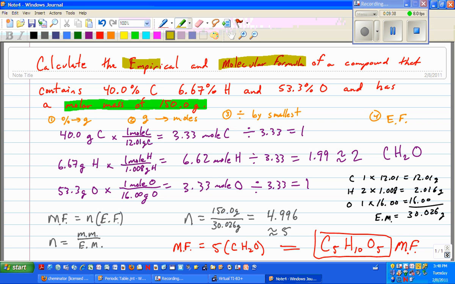And we were asked to calculate the empirical formula, so let me identify that also. The empirical formula is up here. A little longer because we had to calculate our own empirical formula. But if you're given percentages, you just have to do that.